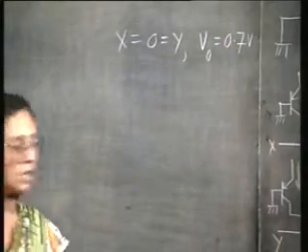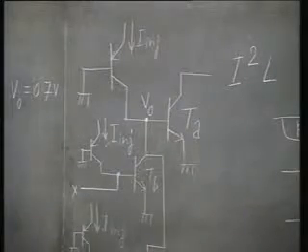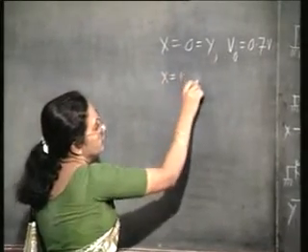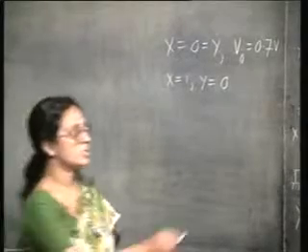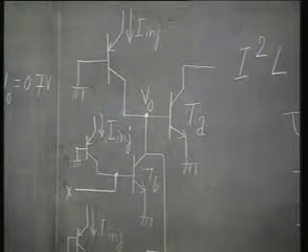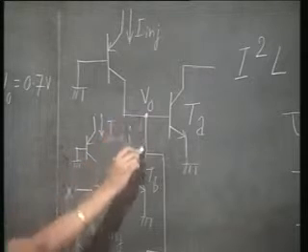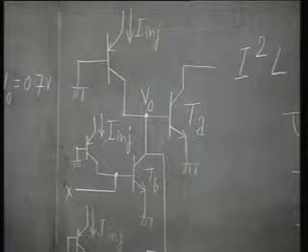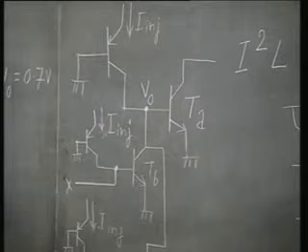Now, suppose X is 1, Y is 0. X is 1, that means TB is in saturation. So, then what is the output voltage? This output is connected to the collector of TB, and the emitter of TB is grounded.